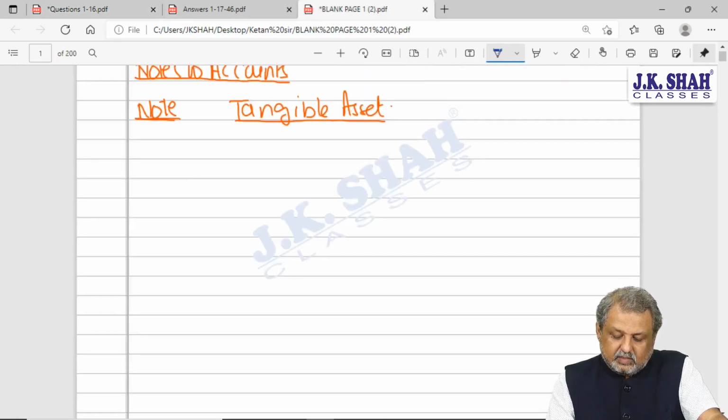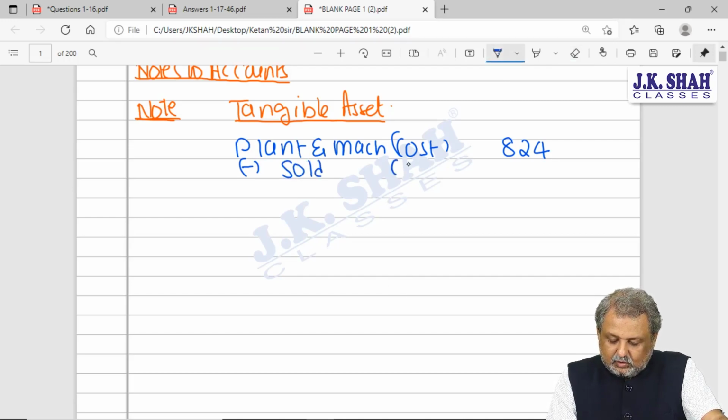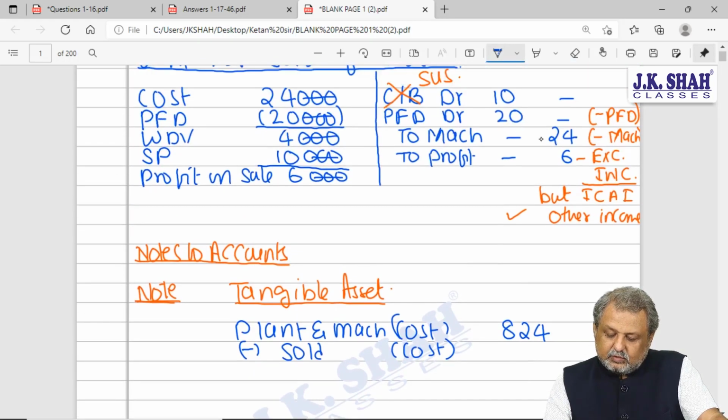824. So plant and machinery, cost 824. From that less sold, the cost of that, 24.